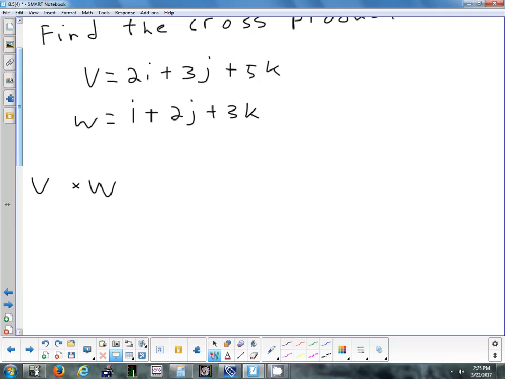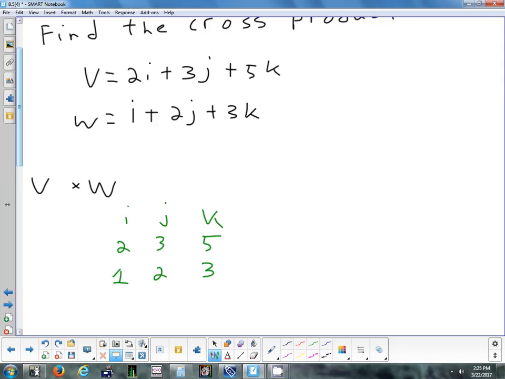Just tell me the top row. IJK. Okay. What's row 2? 2, 3, 5. And what's row 3? 1, 2, 3. Okay. What's the next thing I have to do?